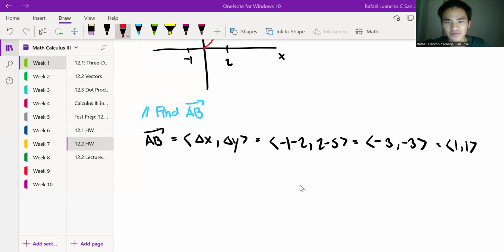Because I just subtract the coordinates. Or I don't need to simplify, actually.